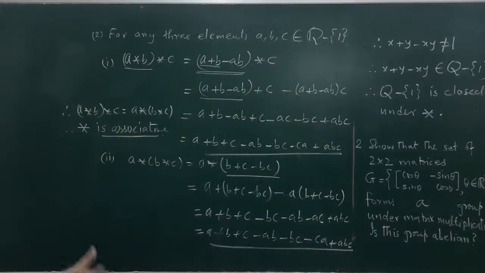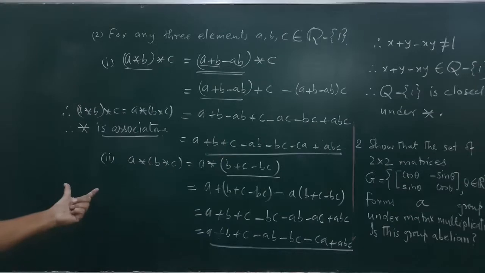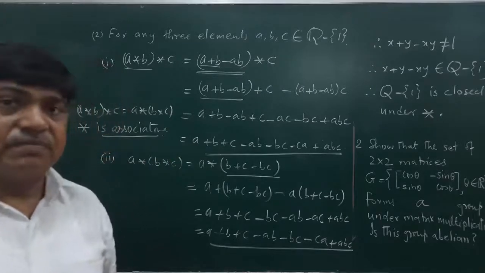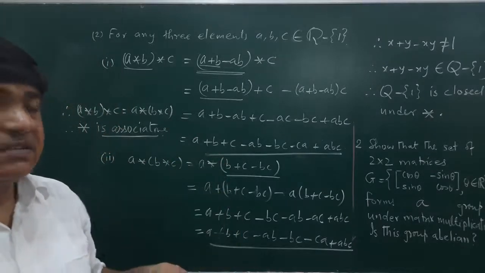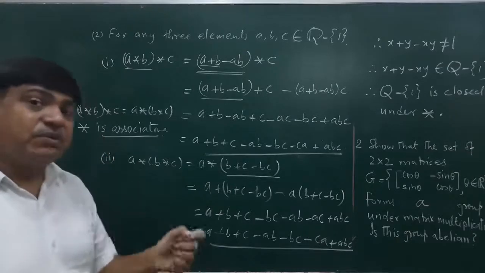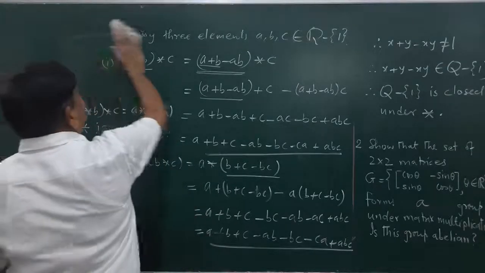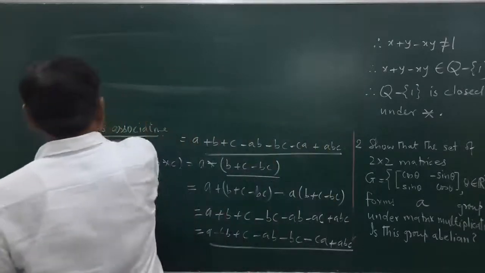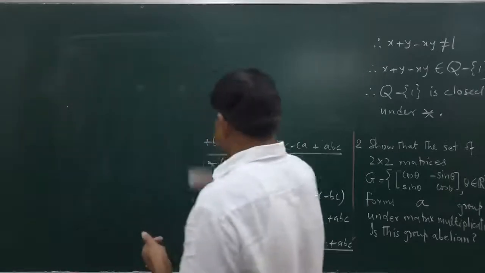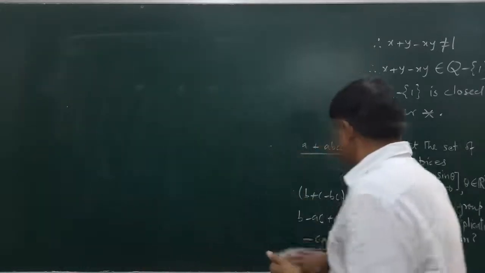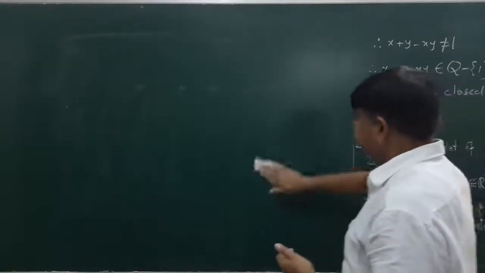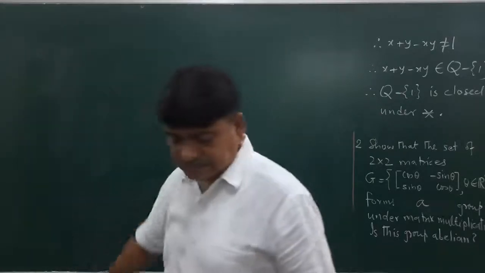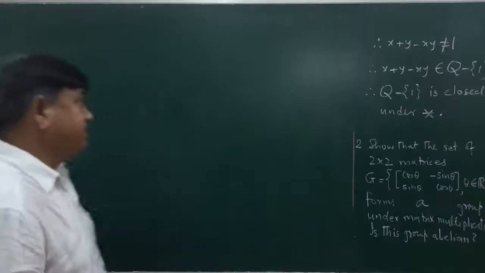सो सेकंड प्रॉपर्टी इज सेटिस्फाइड. फर्स्ट, the set is closed, means the given operation is binary operation. Then second one, associativity holds. Now third, identity element. Identity.